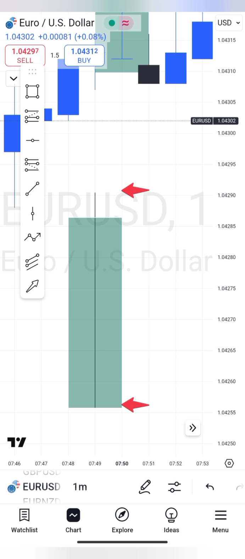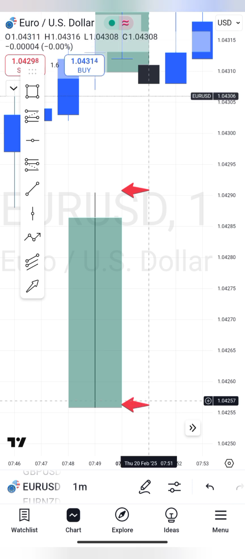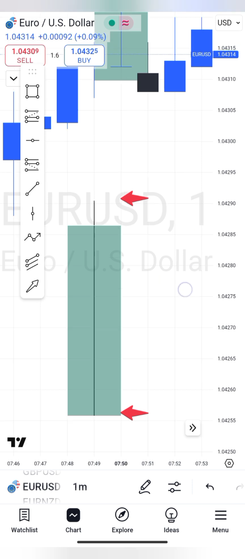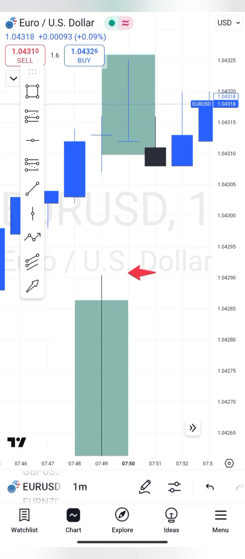So we say the down one is the opening and the up one is the closing for a candle that is bullish. What do I mean by bullish? A candle that signifies buying power, that people are buying. Now for a candle that is bearish, it means the opening is on top. It started on top and it closed down. But anyways, let me just show you how this particular candle came to form.